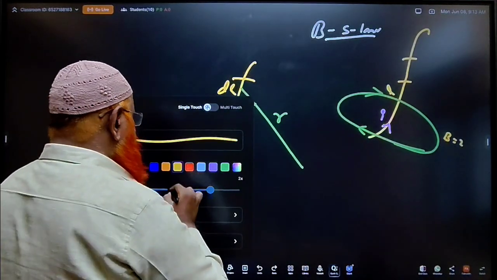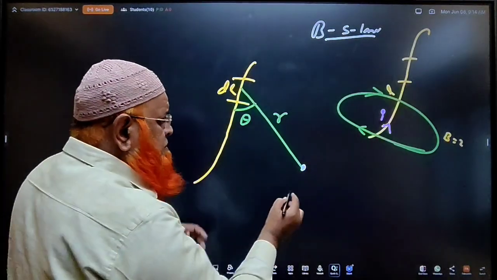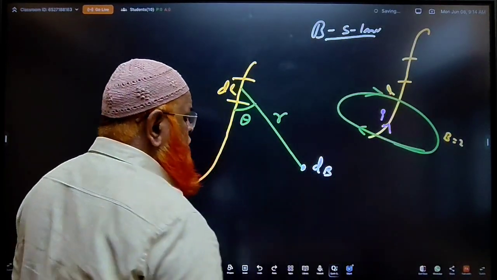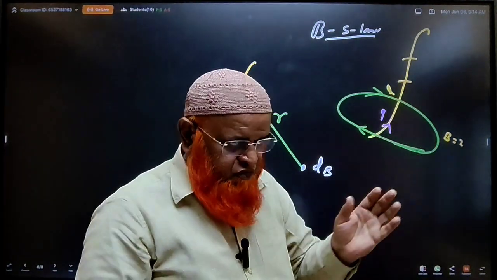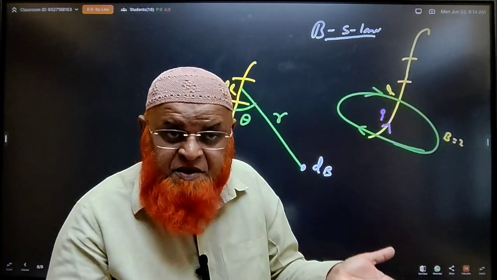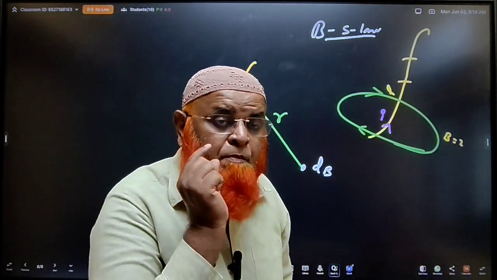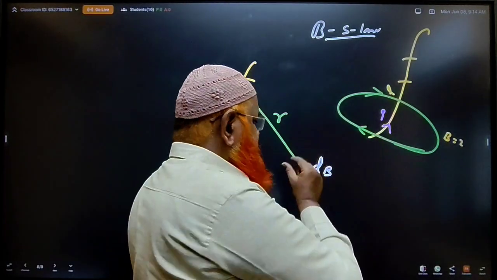At this point, whatever magnetic field is developed is taken as dB, because for the total wire of length L the magnetic field is B, and for a small part of length dL the magnetic field is dB. dB means the differentiated part of the total field, a small part for a small length.